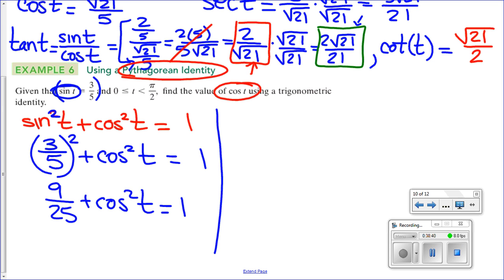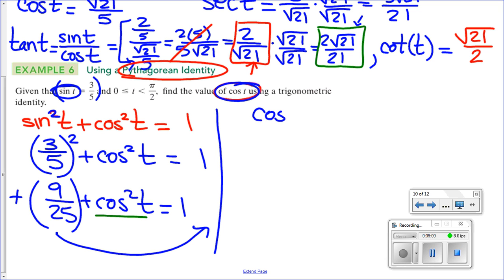Okay, so remember, we're solving for cosine square of t. Oh, I'm sorry, more specifically, we're solving for cosine t. So we need to take care of this 9/25, which is adding to the cosine. So we're going to take it across to the other side, and it will be subtracting, doing the inverse operation. So cosine square t is equal to 1 minus 9 over 25. Now we get into fractions.